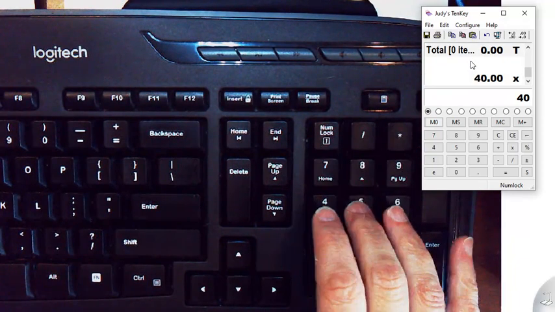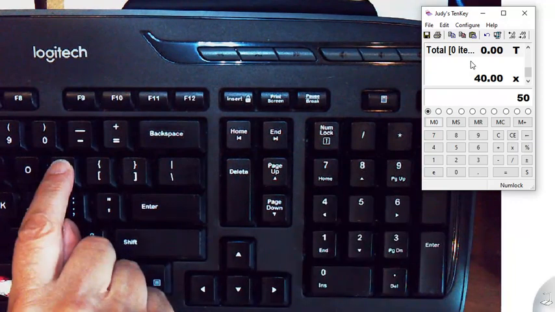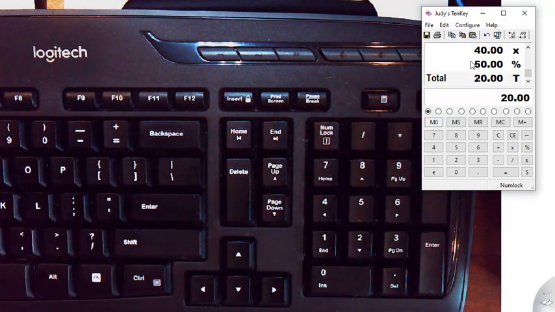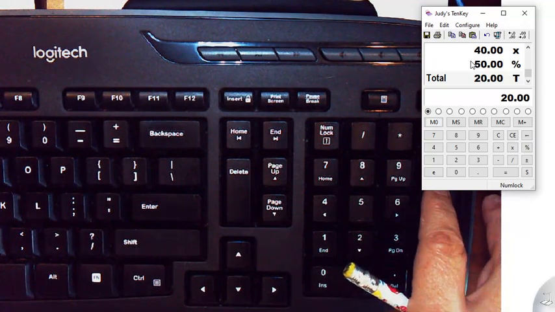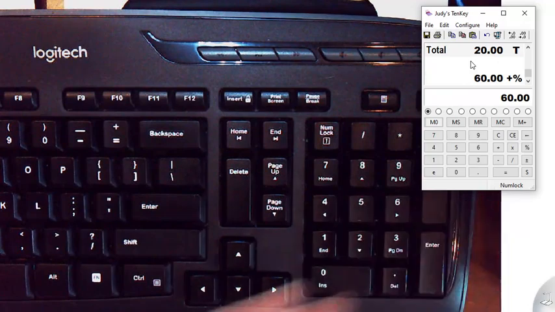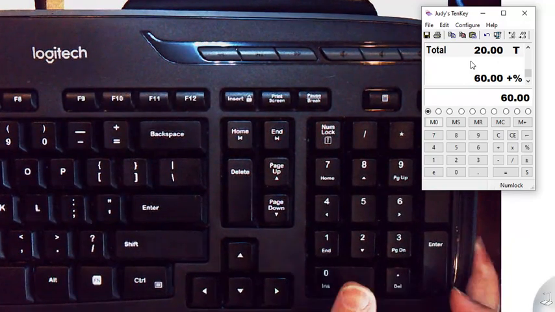I can do 50p for percent, and it'll convert the number into a percent, and it's $20. If I hit the plus sign, the machine knows to take the 20 and add it to the 40 and give me the 60. The machine knows to do that.